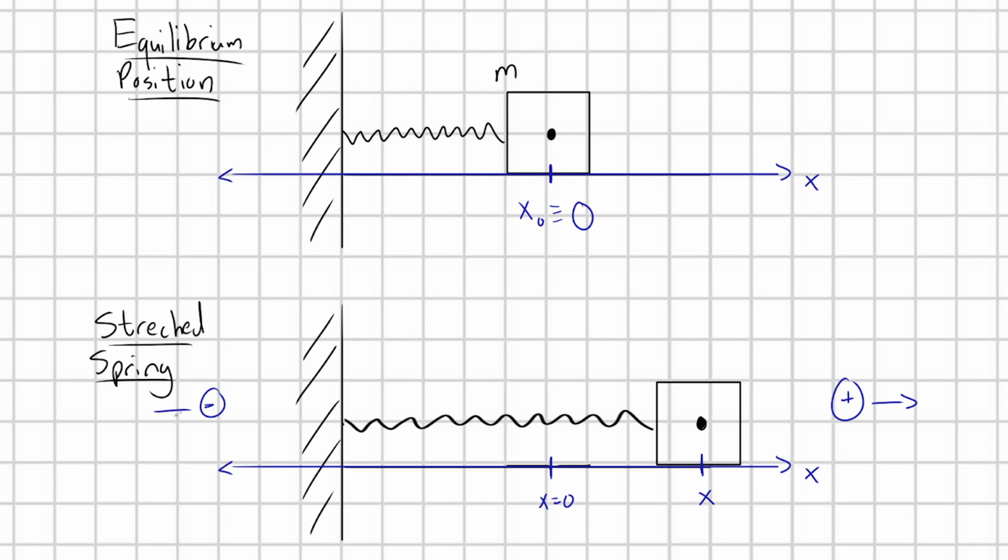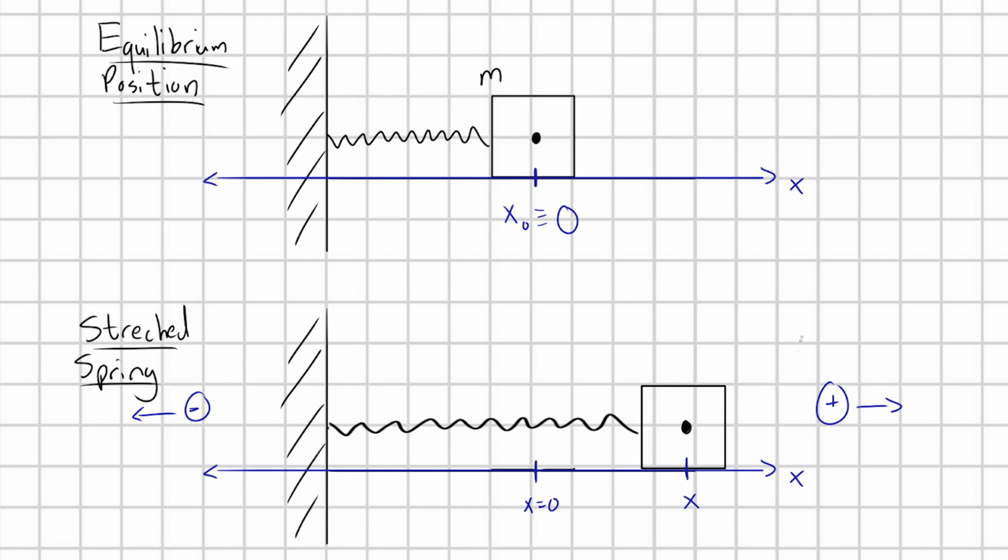We always need to make sure that we define what our directions are in any coordinate system. If we wanted to be extra rigorous, we could call this the positive i hat direction and this the negative i hat direction, where i hat is a unit vector. But we don't have to be too rigorous, because this is just a 1D problem. This is not that complicated.